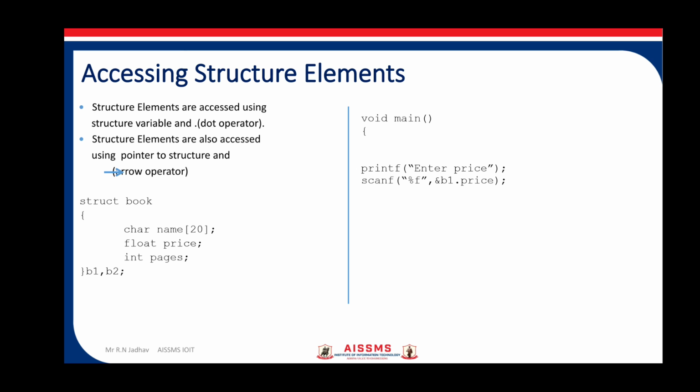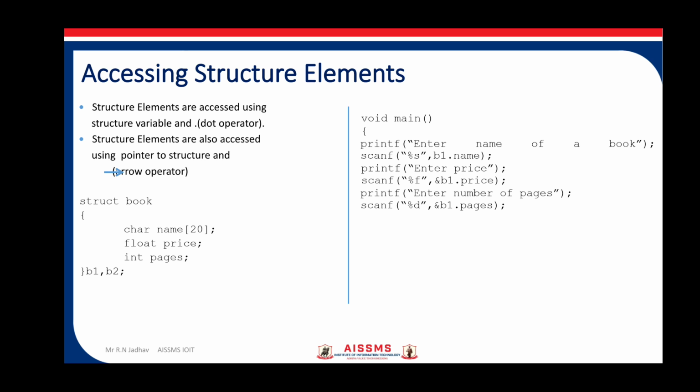First we can ask the user to enter the price, and you can scan that price by using ampersand b1 dot price. So here the dot operator is used. To the left-hand side of the dot operator, we always have a structure variable, and to the right we have the element which we have listed in the structure. In the same way we can read the number of pages, and we can also read the name of a book.